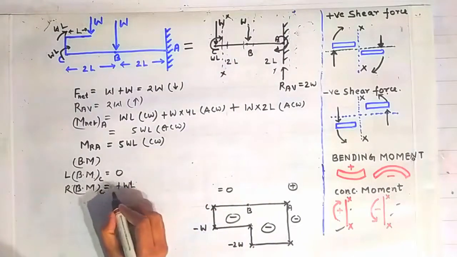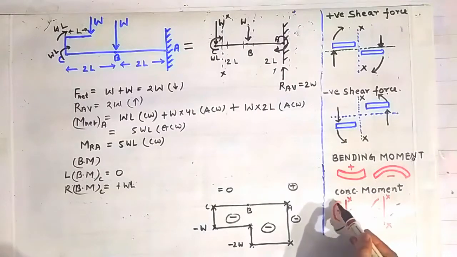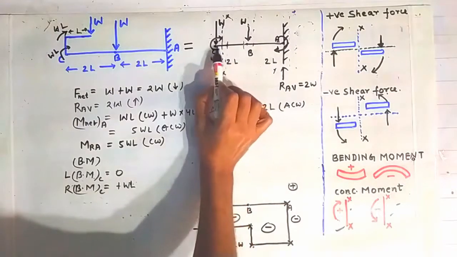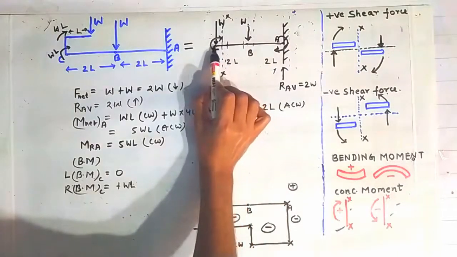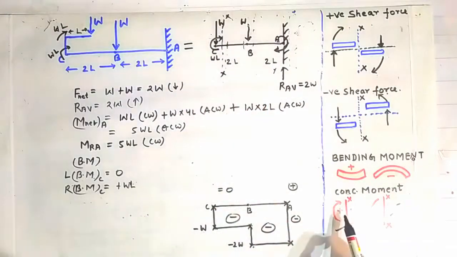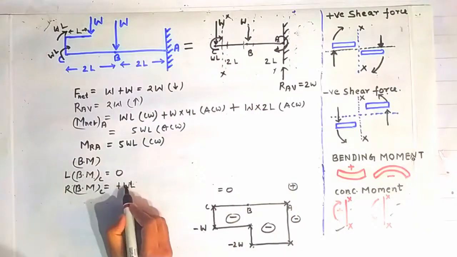Positive sign is here because we are following this sign convention that any moment which is lying on the LHS of a section will create a positive bending moment about that section if it is going in the clockwise direction. So this moment is lying on the left hand side of this section XX, and it is going in clockwise direction, similar like this. So it is treated as positive. So it is plus WL.